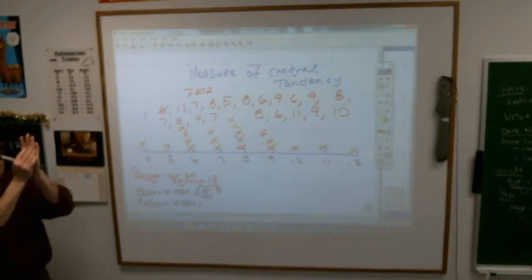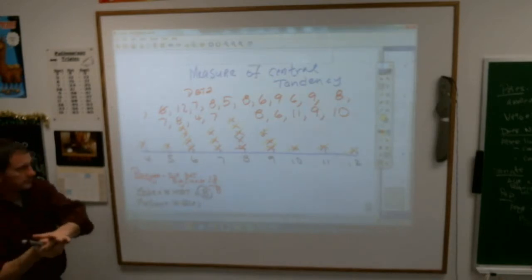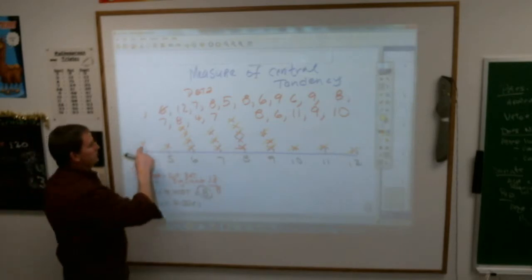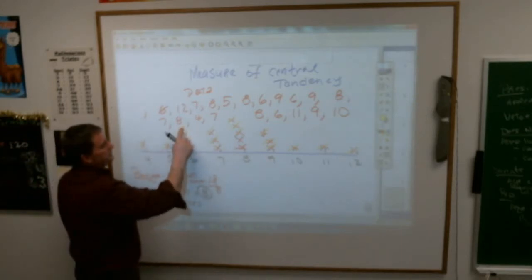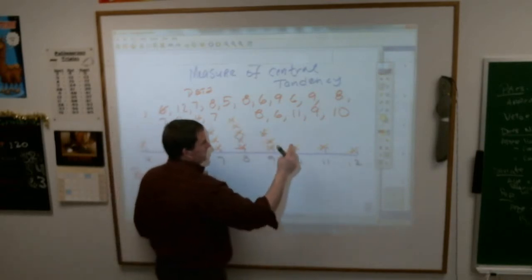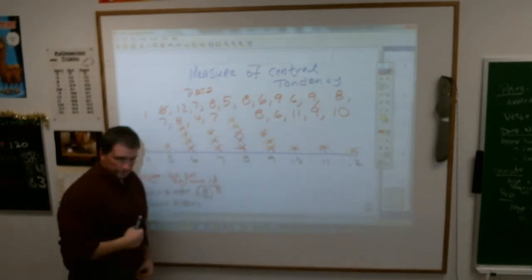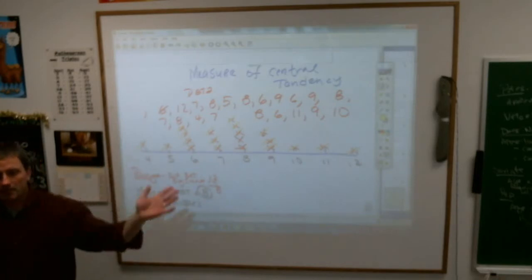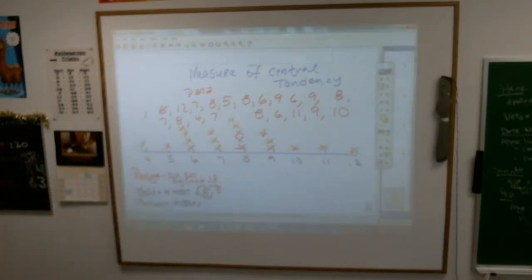Count how many total numbers you were given, which would be 1, 2, 3, 4, 5, 6, 7, 8, 9, 10, 11, 12, 13, 14, 15, 16, 17, 18, 19, 20. I have 20 numbers all listed in a row. What's going to be in the middle of that? How many numbers do I have to go over to get to the middle of 20 numbers? 10.